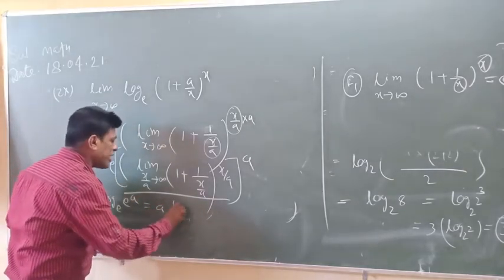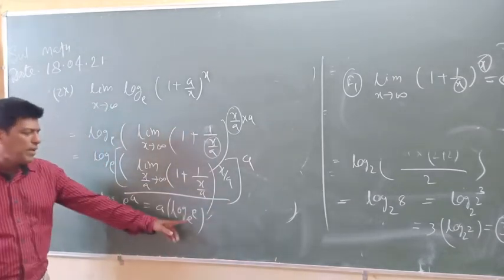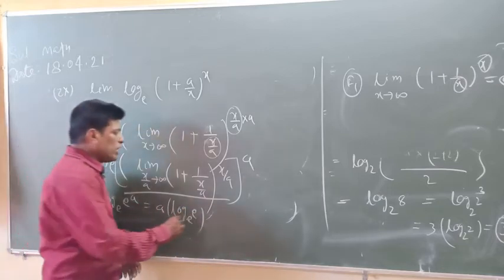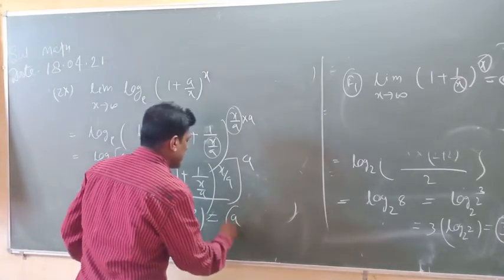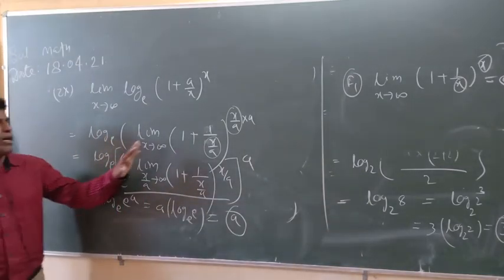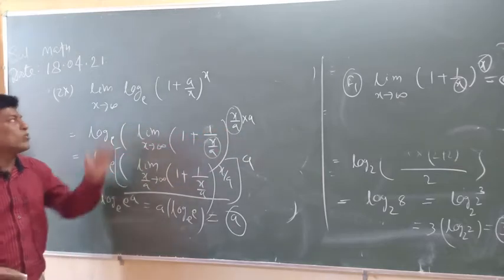So a into log e. You know the base and the argument are the same, both are e, so it becomes 1. So the answer is a. Only one trick you have applied, x by a, nothing else. That question is very easy.